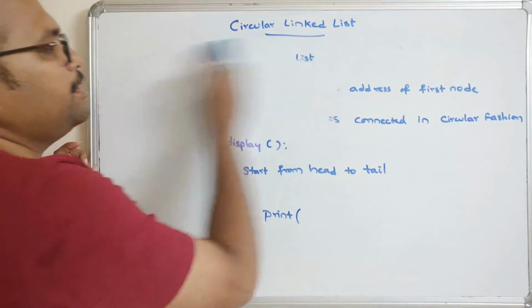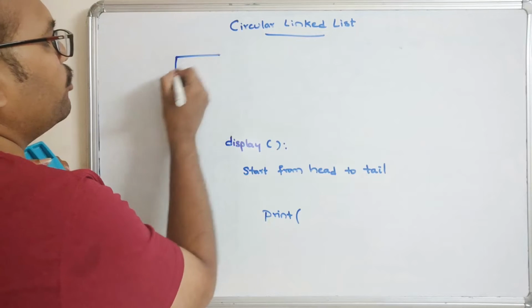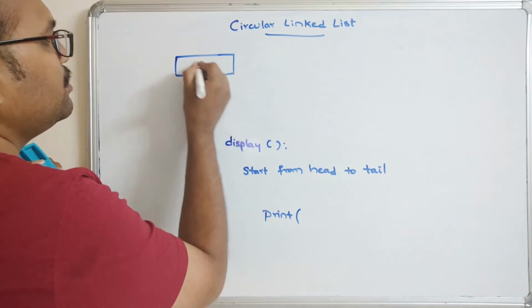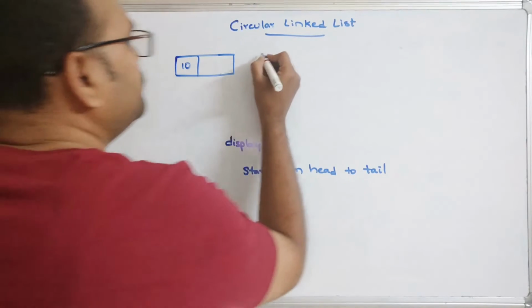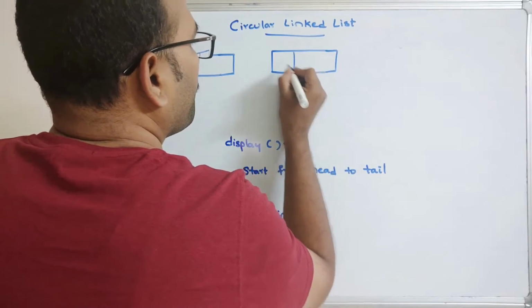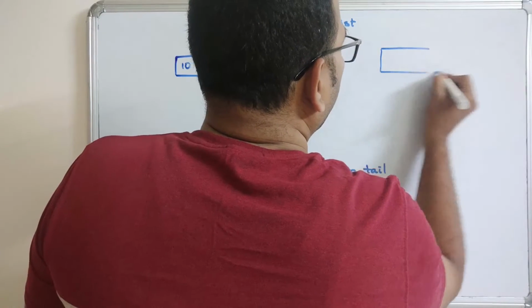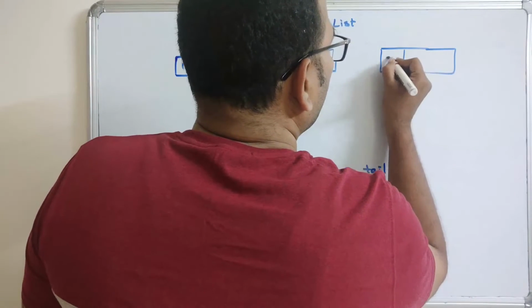I'll take one example so that you can observe. I'll take 3 nodes. One is 10, 20, 30.